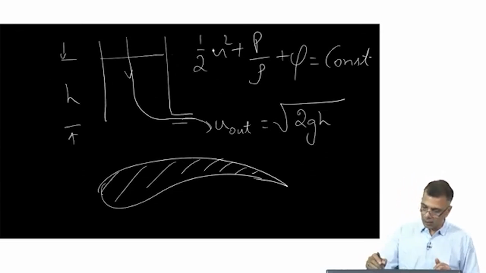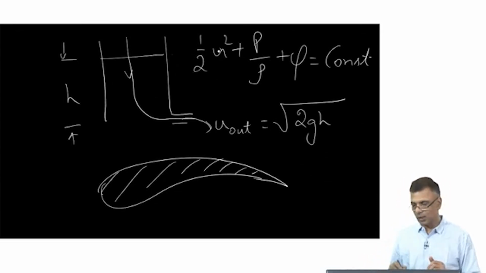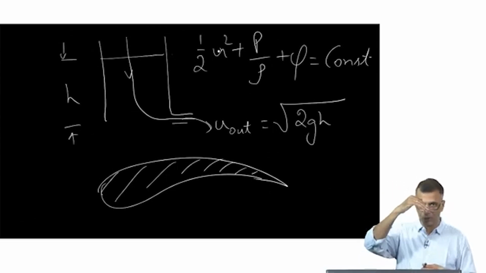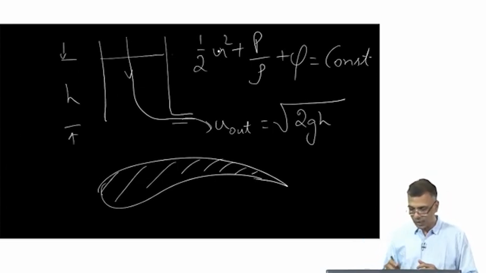But unlike this situation, the airfoil is designed in such a way, in other words, the airfoil is cupped like so, such that the velocity here is lower than the velocity up here.